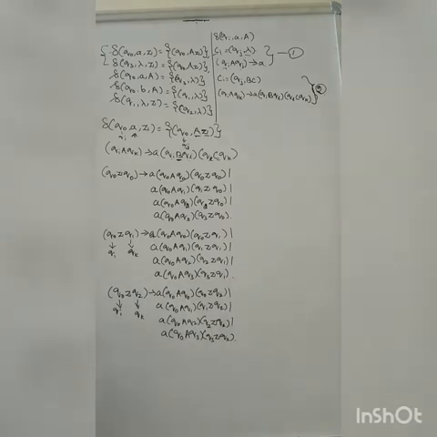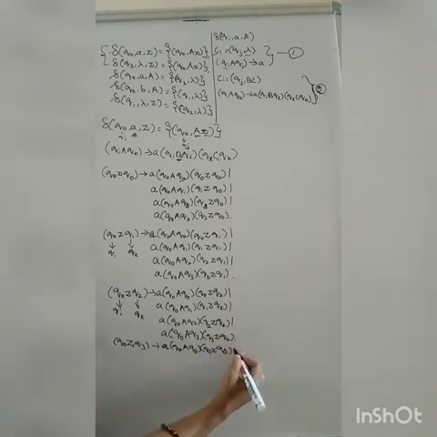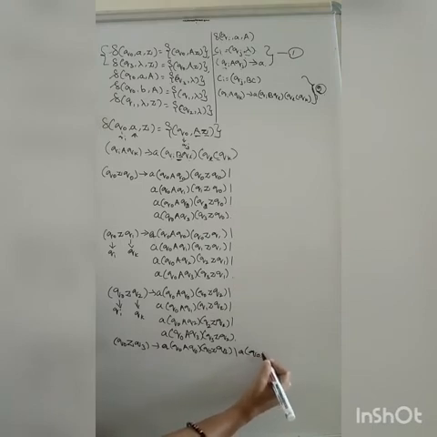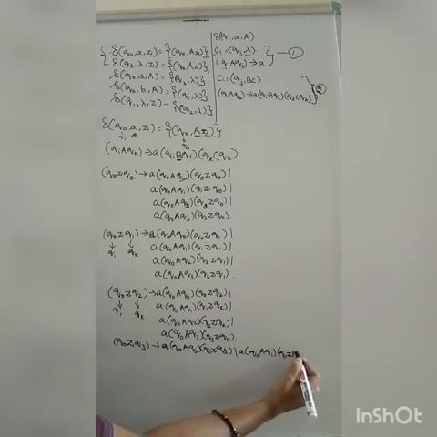In the same way, we have to write for the other possibility as q0 z q3. Here the qk is q3. So we can write a q0, uppercase non-terminal a q0 q0 z q3. Next we can write a q0 a q1, q1 z q3.